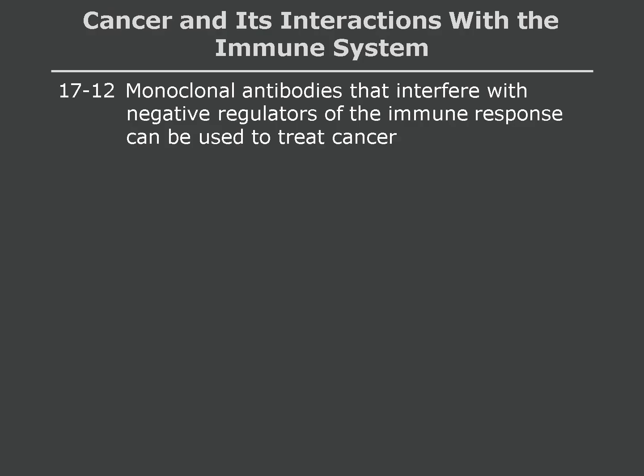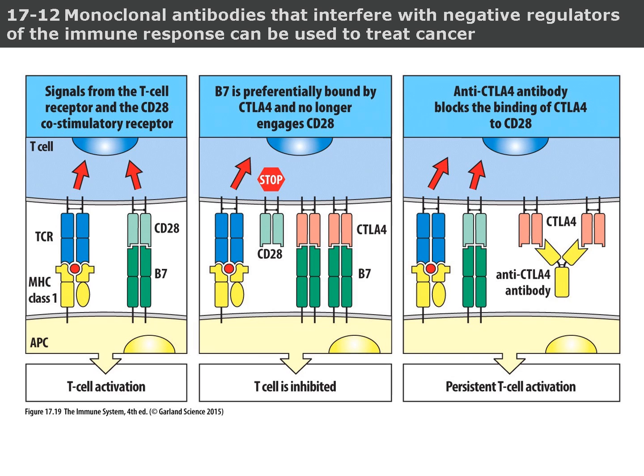Monoclonal antibodies that interfere with negative regulators of the immune response can be used to treat cancer. This figure shows how monoclonal antibodies targeting immune checkpoints can enhance cancer treatment. Normally, T-cell activation occurs when the T-cell receptor and the CD28 co-stimulatory receptor both receive signals from antigen-presenting cells.